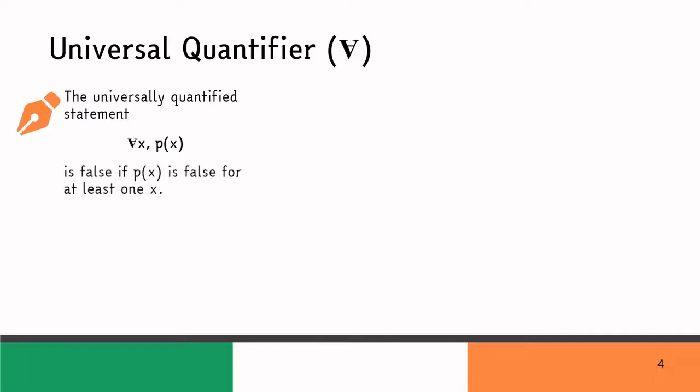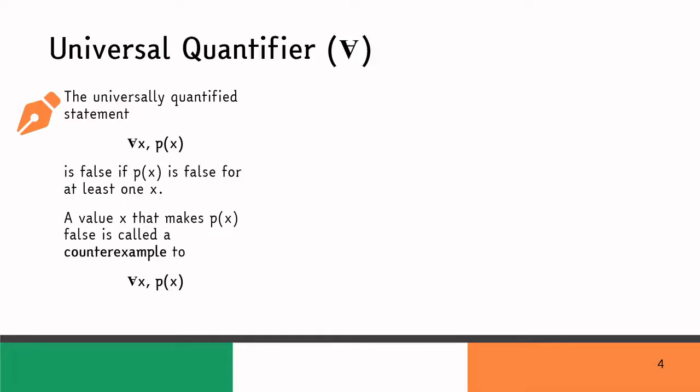If we have the universally quantified statement ∀x p(x), we can say it is true because p of x is true for all values, which also means that it is false if p of x is false for at least one value of x. A value that makes p of x false is called a counterexample to the statement ∀x p(x). For example, considering the statement "for all x belonging to R, x squared minus 1 is greater than 0."